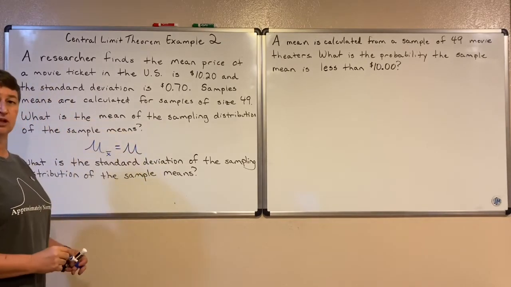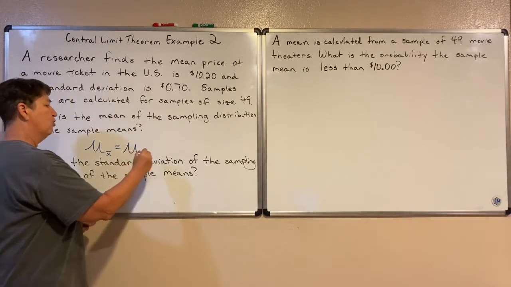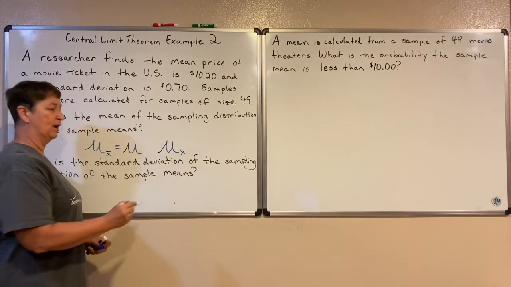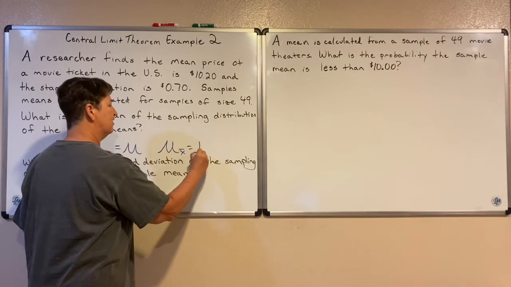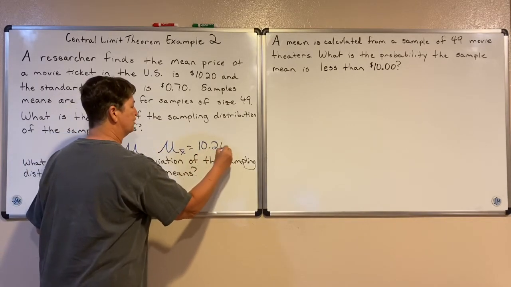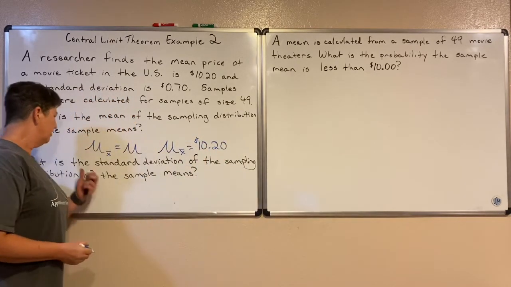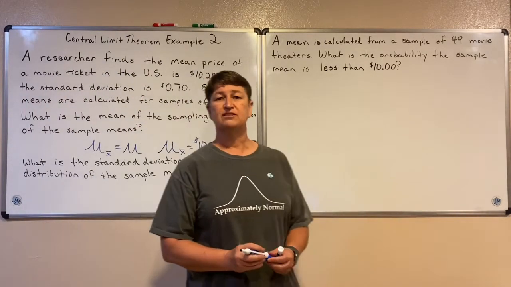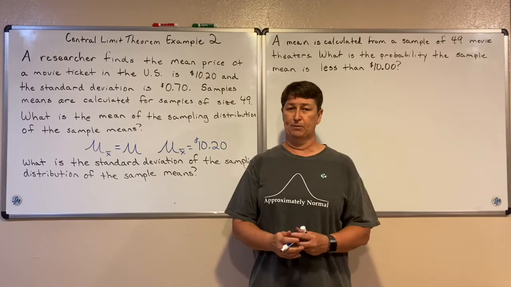That's what the central limit theorem tells us. So the mean of my new sampling distribution of sample means is equal to that same $10.20.